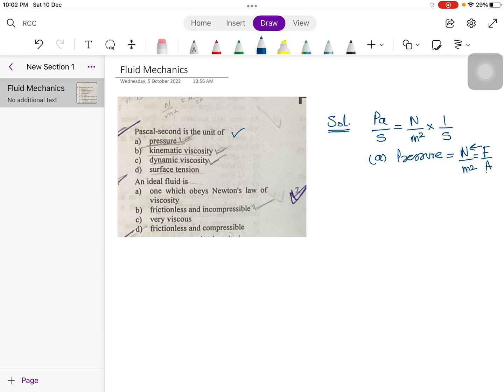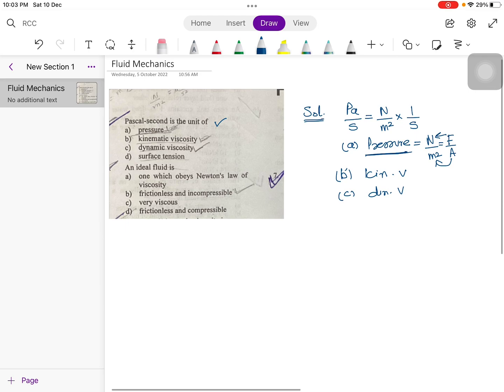Force is Newton and area is meter square. So Pascal second cannot be the unit of pressure. The second option, third option, which is kinematic viscosity and dynamic viscosity, look a little bit competitive.